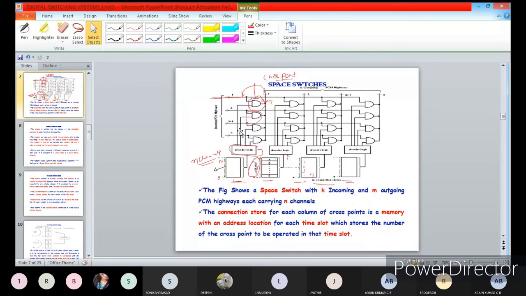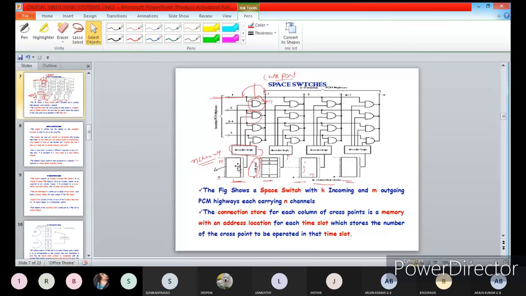Here, each column has one connection store, which acts as a memory storing address locations for each time slot.